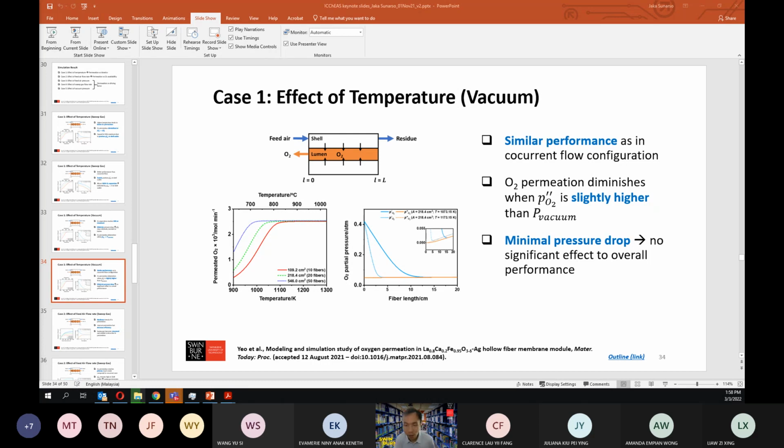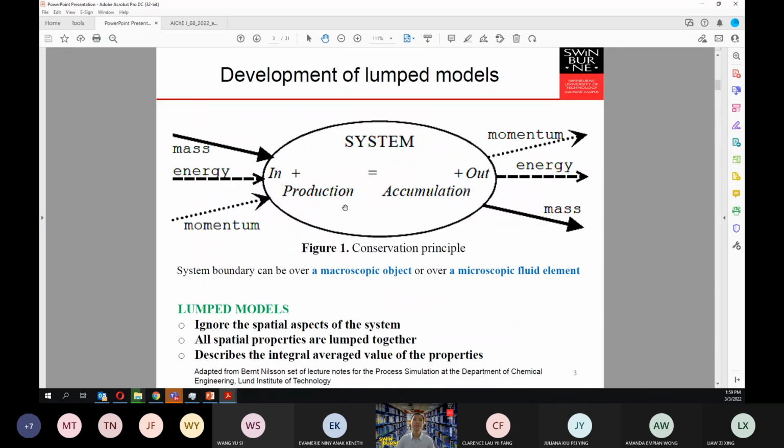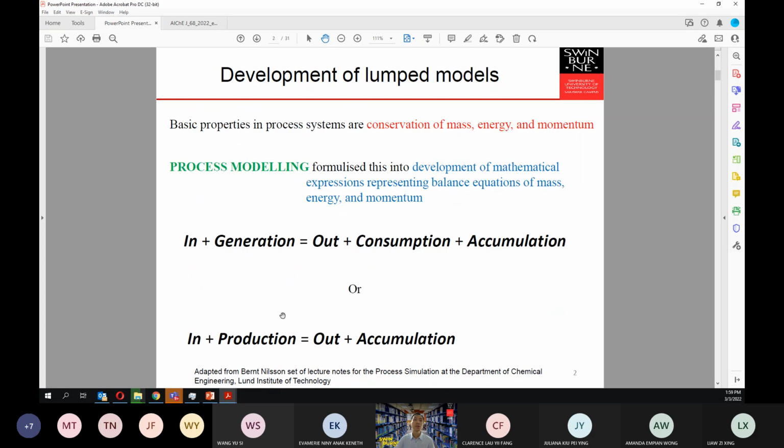Clarence, did I answer your question? Are you satisfied with my answer? When it's in steady state, it means no accumulation. But you need to start from the general form first, Clarence. When you don't have production and you don't have accumulation, meaning in equals out, that means it's a steady state process.